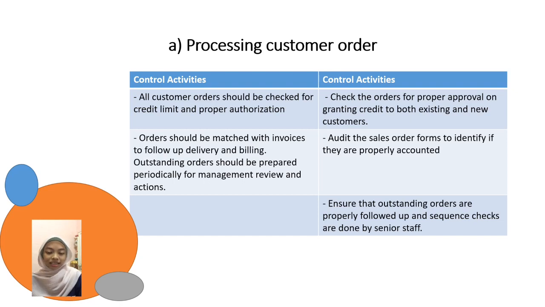Besides, an auditor will audit the sales order form to identify if they are properly accounted for. And lastly, the auditor may audit and ensure that outstanding orders are properly followed up and sequence checks are done by the senior staff.